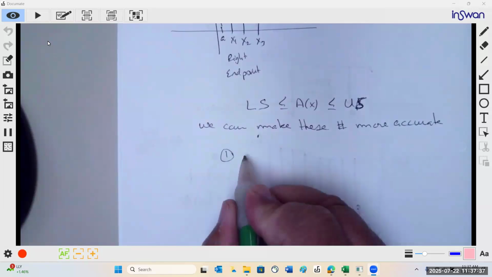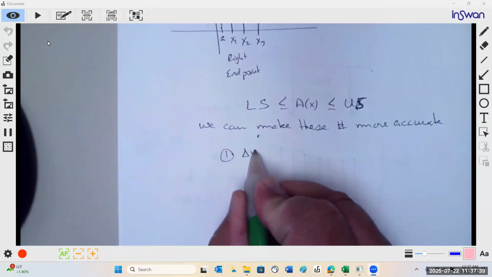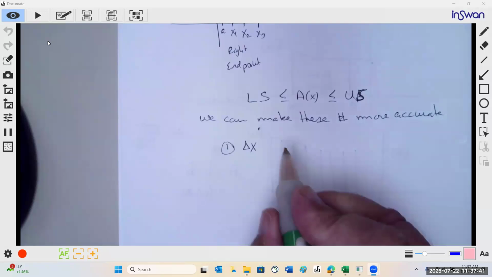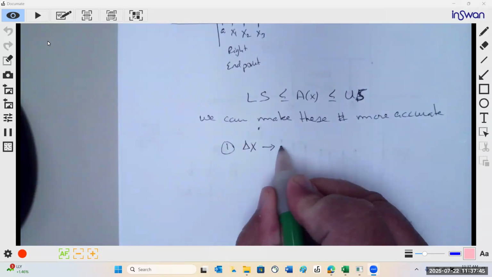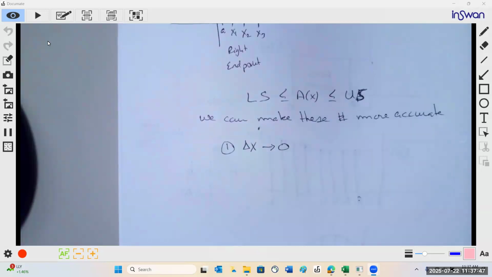One, if we could make delta x, the width of them, smaller and smaller and smaller, then each one of these little rectangles will be more accurate.